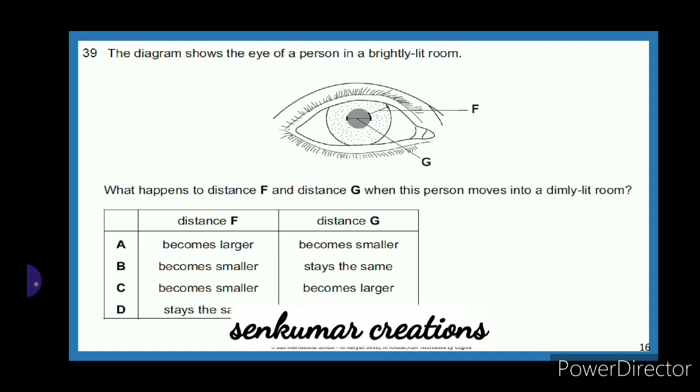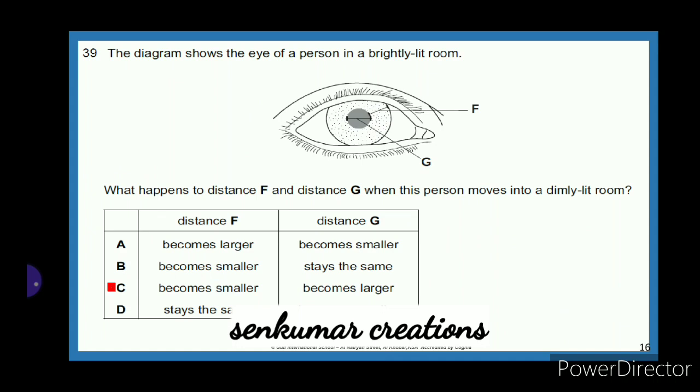The diagram shows the eye of a person in a bright lit room. What happens to distance F and distance G? Distance G is the pupil size, distance F is the radial muscle. So what happens in the bright room when the radial muscle relaxes? The radial muscle becomes larger, and the diameter of G becomes smaller. So F larger, G smaller, A may be the answer.